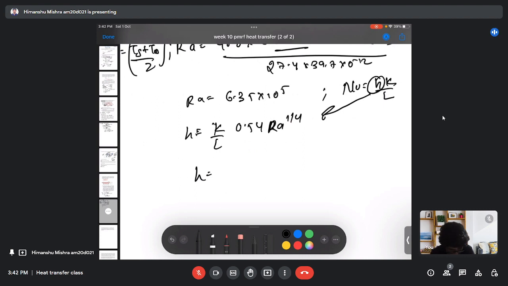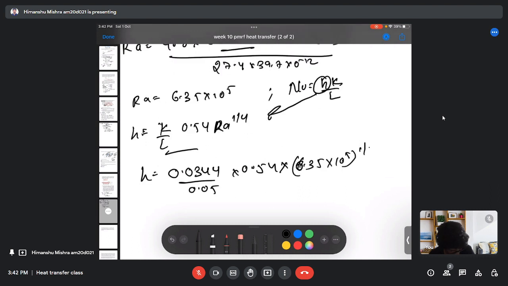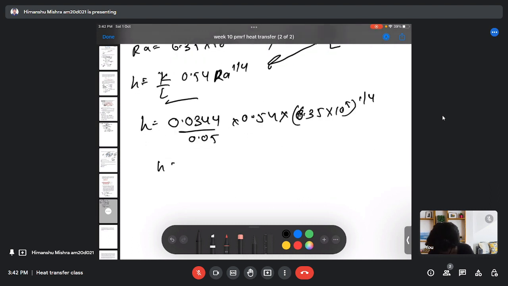I just substitute the value of the required parameters. I will get my heat transfer coefficient, on calculating, about 10.5 watt per meter square Kelvin.